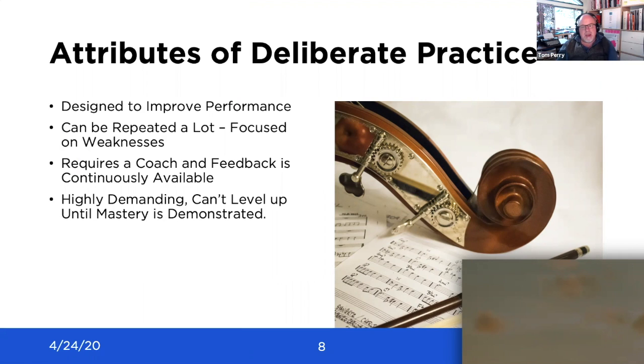It's not just picking up the guitar and playing your favorite tune. It is the kind of thing where there's an explicit desire to improve some aspect of performance, and the practice is a designed skill aimed at enhancing that performance.